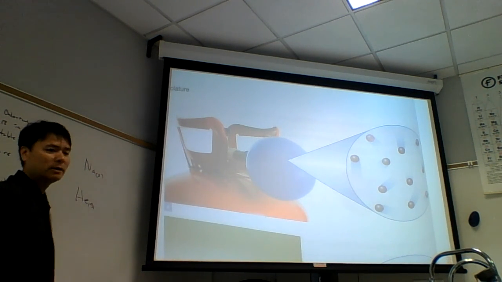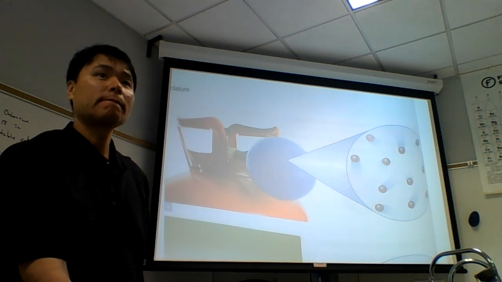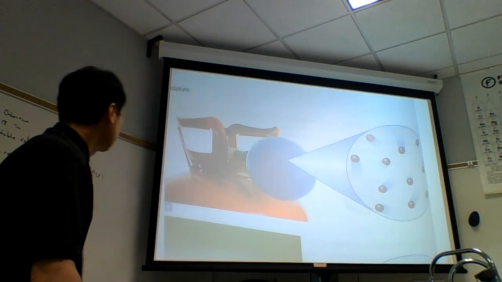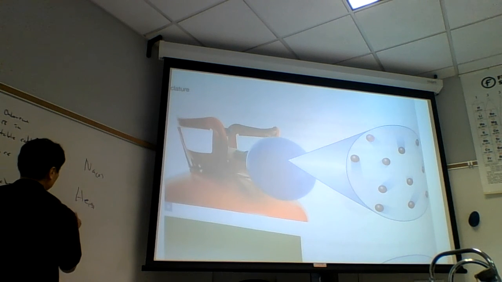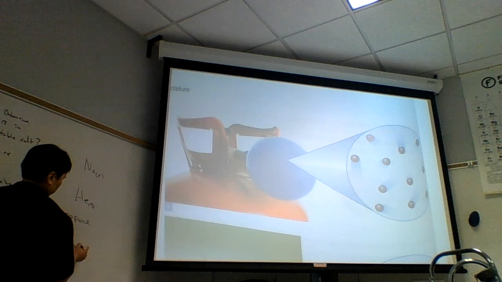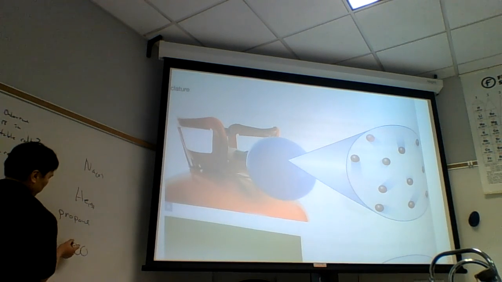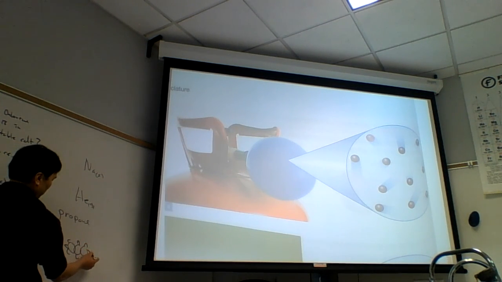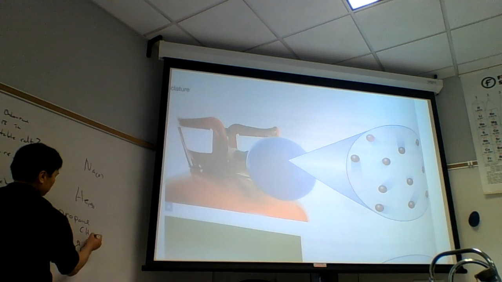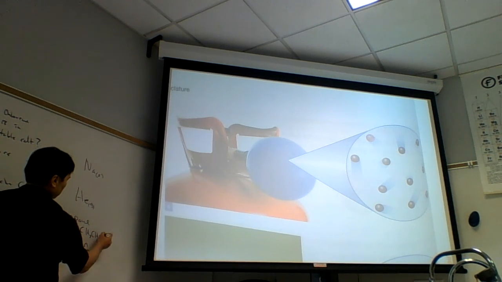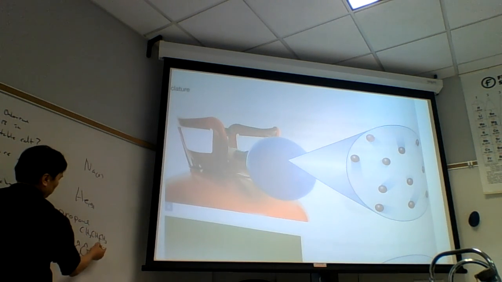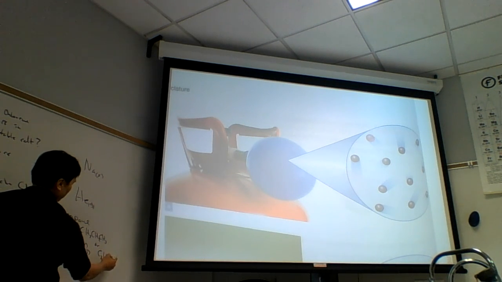Propane. Do you know how many carbons propane has? 3 carbons. Propane looks like this. There's 1, 2, 3 carbons bonded. The first carbon has 3 hydrogens. The second carbon has 2 hydrogens, and the third carbon has 3 hydrogens. So propane has the formula CH3, CH2, CH3, or C3H8.